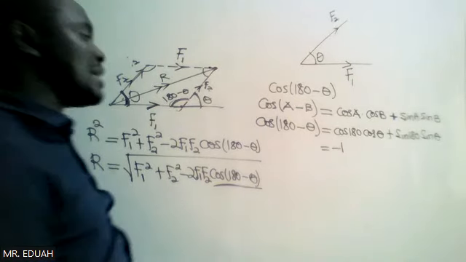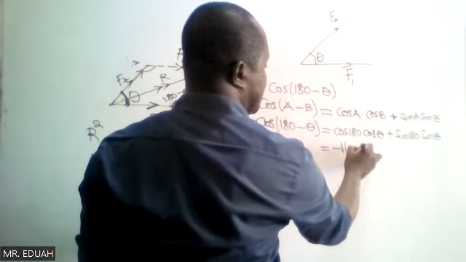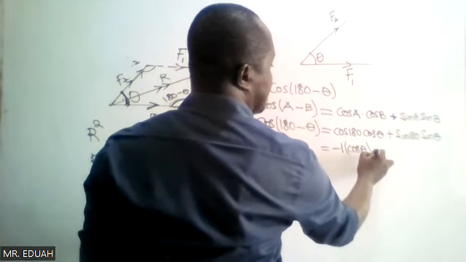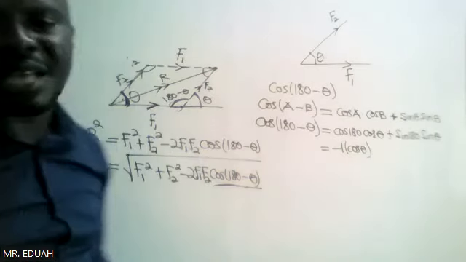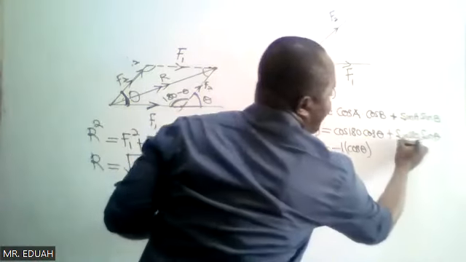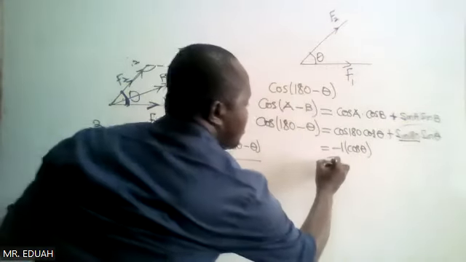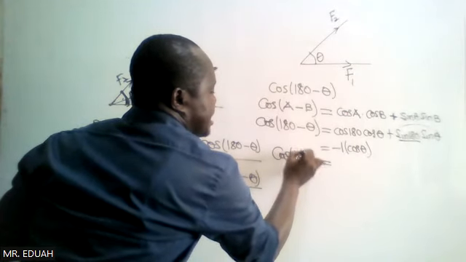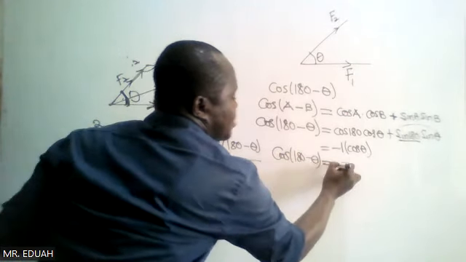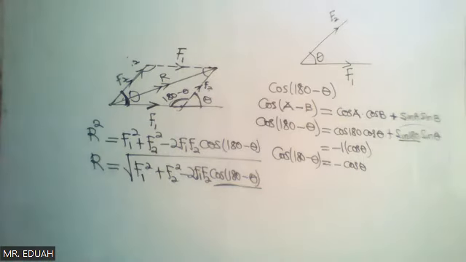Point your calculators and see. Cos 180 is equal to -1. True. Then sine 180 is 0. So because this part is 0, everything goes to 0, meaning that cos of 180 minus theta is equal to negative cos theta.